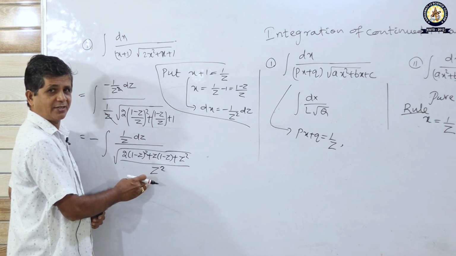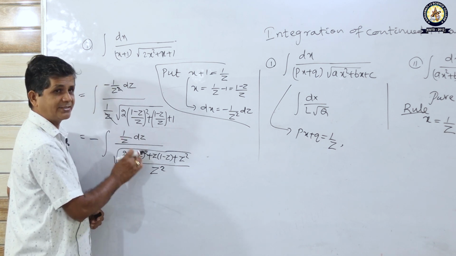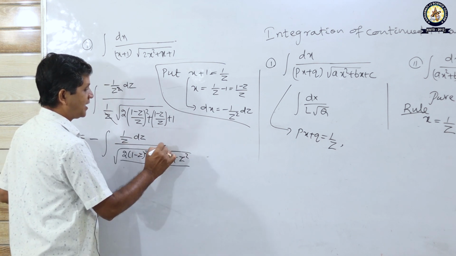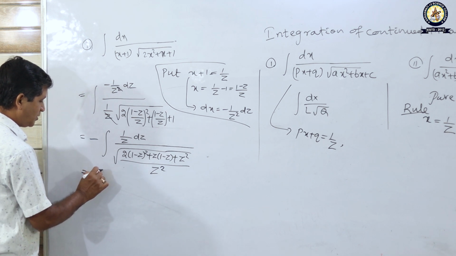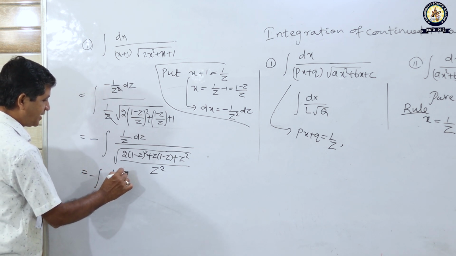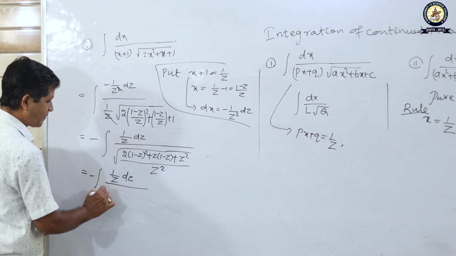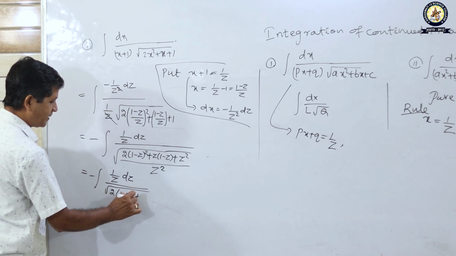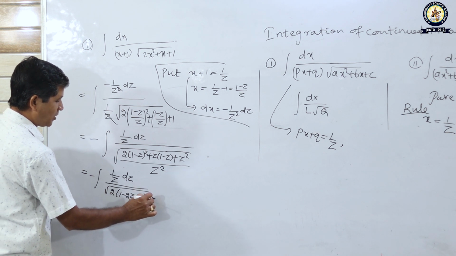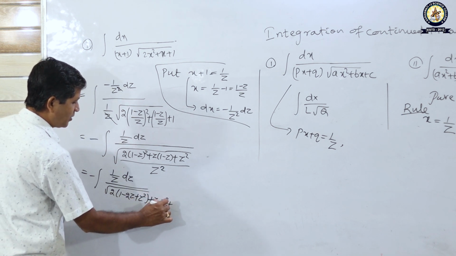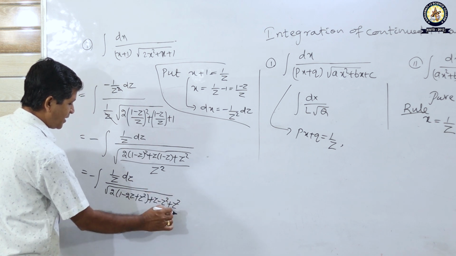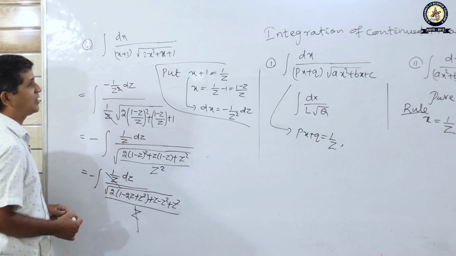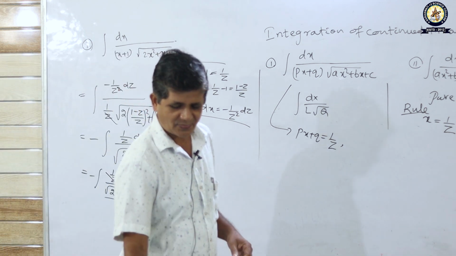Root over z square is z, and this z will be cancelled with this. This is equal to minus 1 by z into dz divided by root over of 2 into (1 minus 2z plus z square), plus z minus z square plus z square, divided by root over z square is z. Here the z term is cancelled out, right?